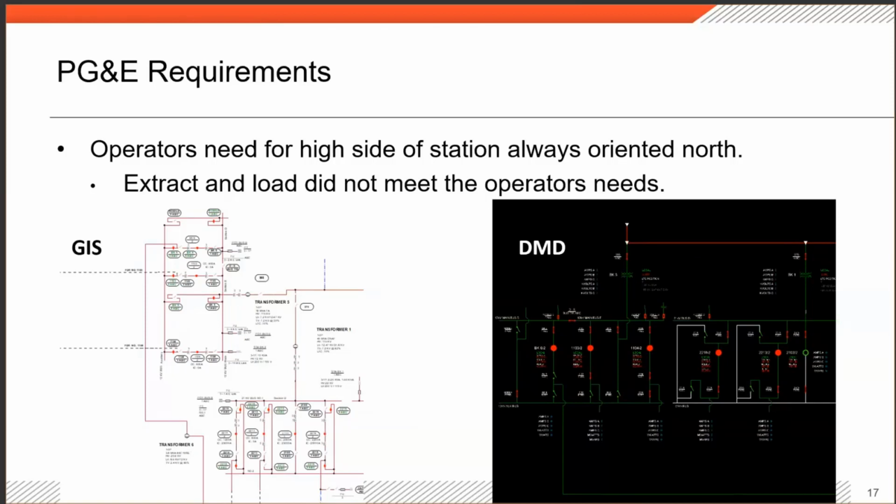The example I'm showing here has this one section in the upper left of the GIS facing east and west, and this lower section in reality facing north and south. For PG&E, we had to rotate those and draw those. And this is the reason why we drew those directly in that dynamic mimic display.